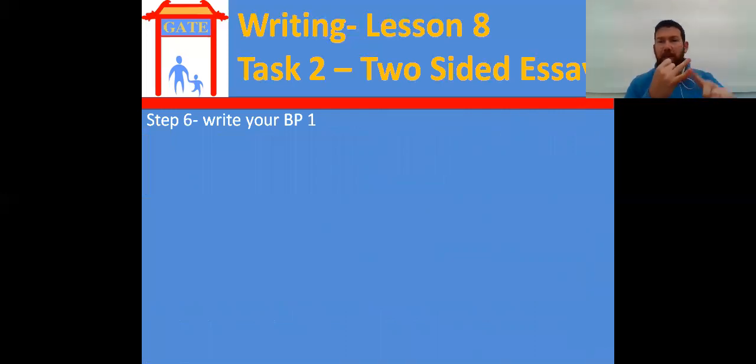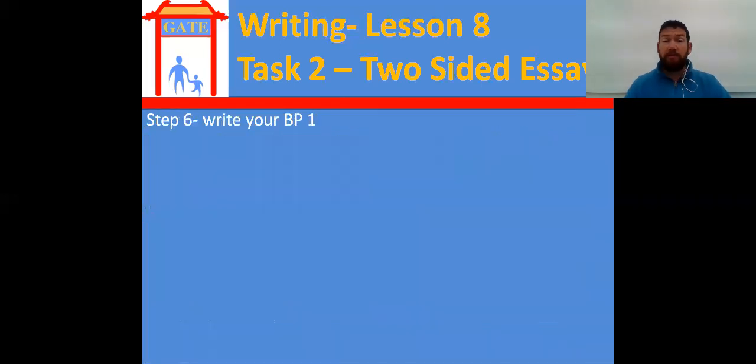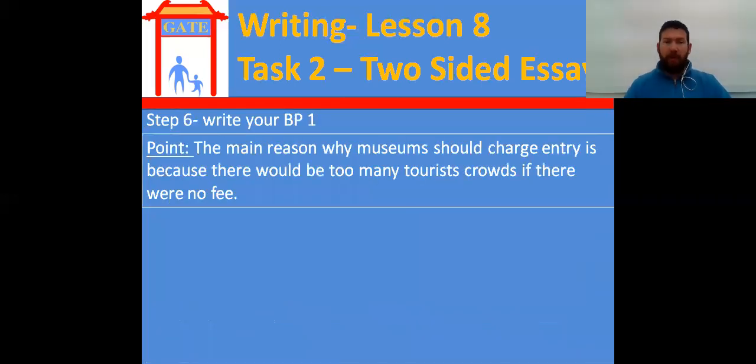Point, example, explain. PEE. Okay, so again, looking back at the question, if you need to, could you please write your PEE and then pause the video and write your PEE and then come back to me in 3, 2, 1. Okay, so my point. The main reason why museums should charge entry is because there would be too many tourist crowds if there were no fee.